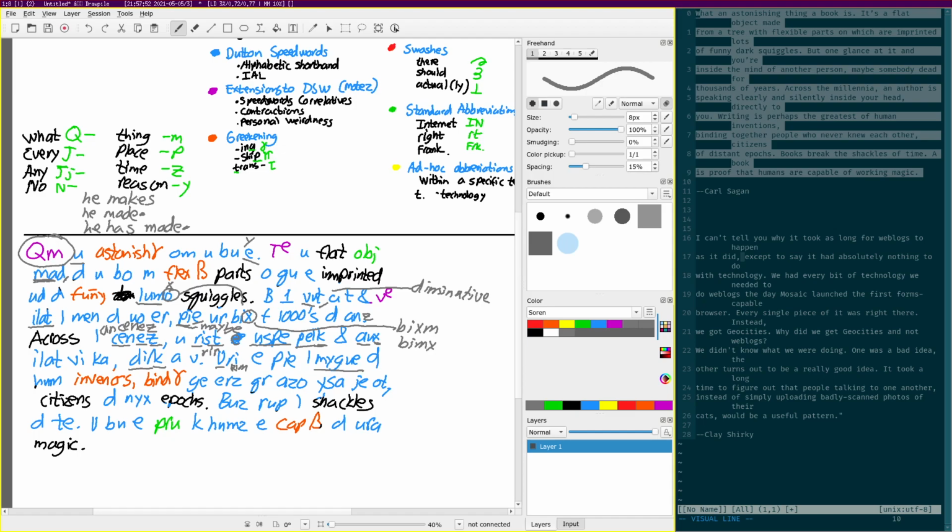Here's another fun one. It uses both a prefix and a suffix. So gu is good, gue is great, and mai is the superlative prefix. So that means greatest. You can just kind of shove stuff together like that frequently. Here's another O, as is ever, as O is never. And here's another plural too.